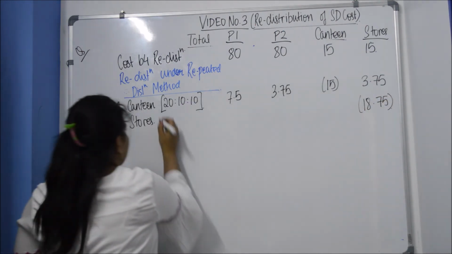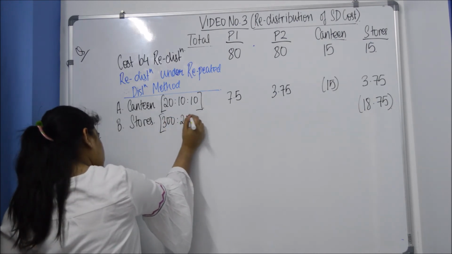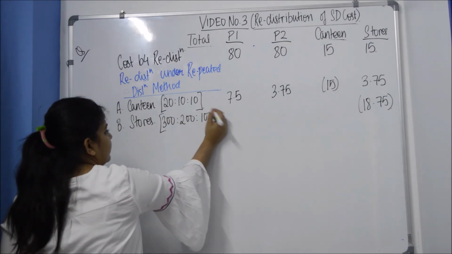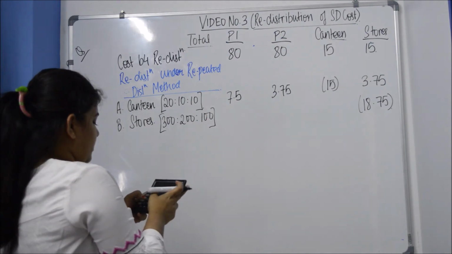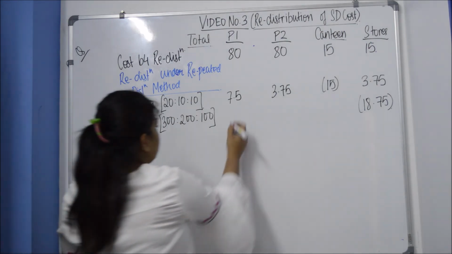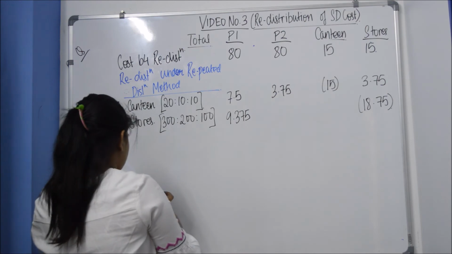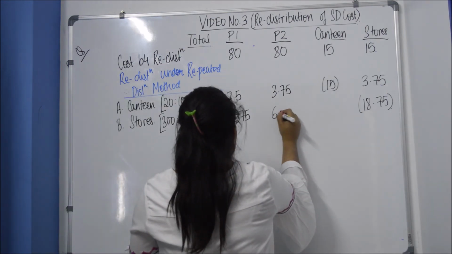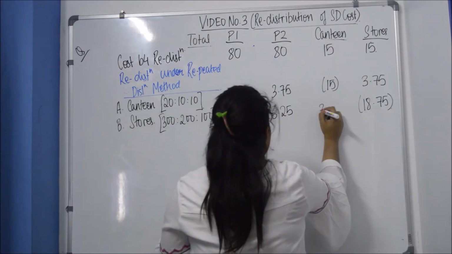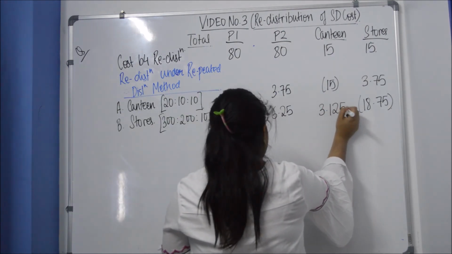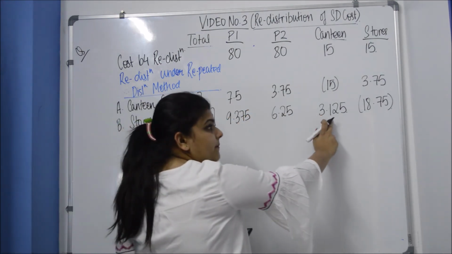In what ratio? In the ratio of 300 is to 200 is to 100. So 18.75 in this ratio would be 9.375, 6.25, 3.125.